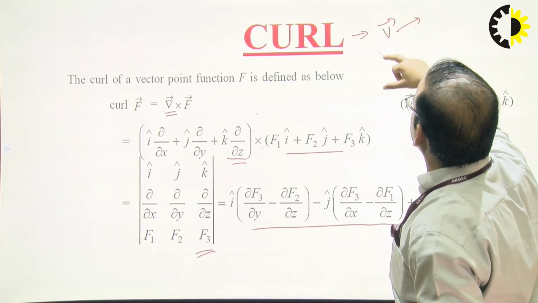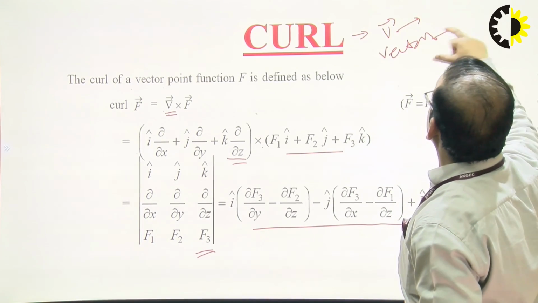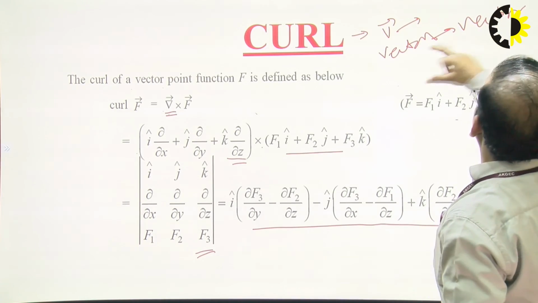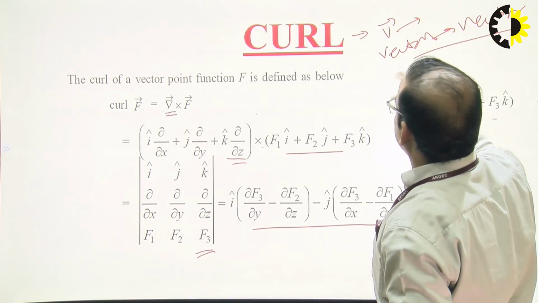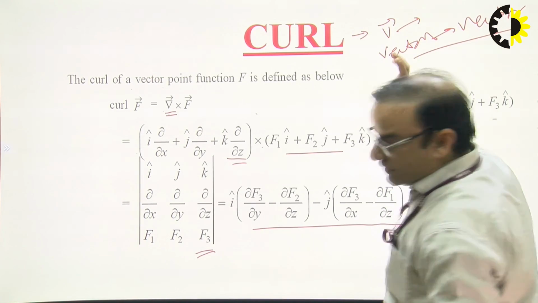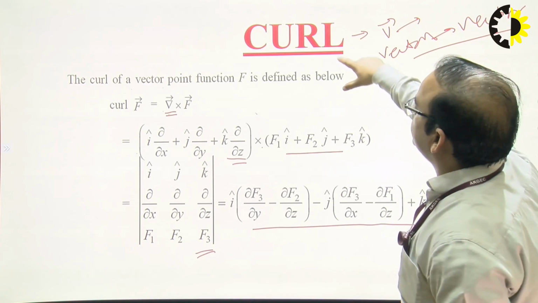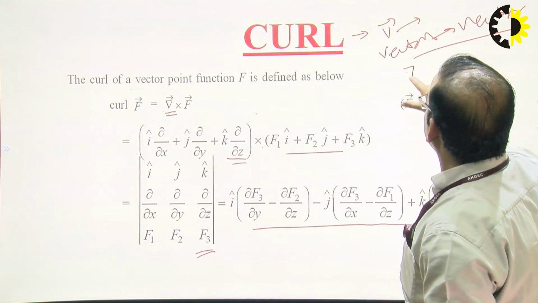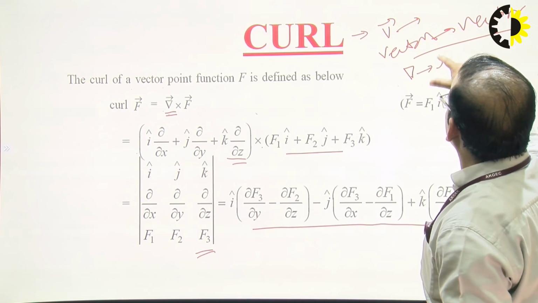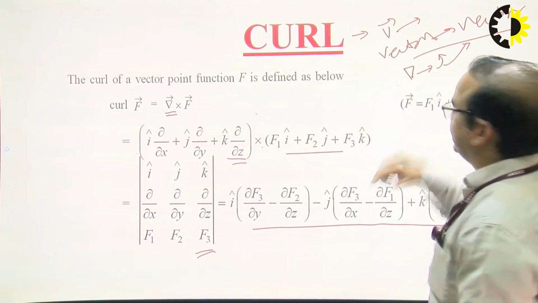Sorry, the statement is corrected here: if you take the curl with del, it returns a vector of a vector.